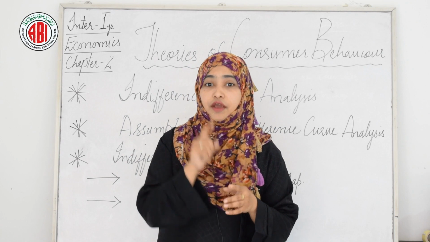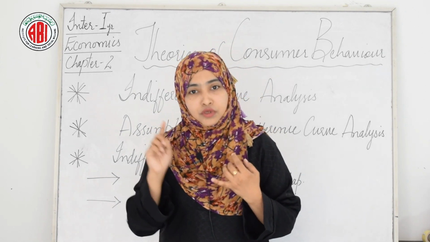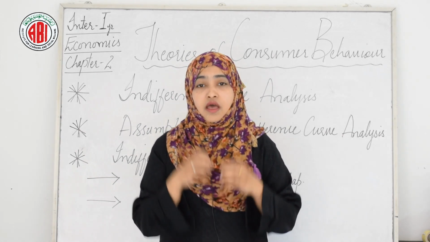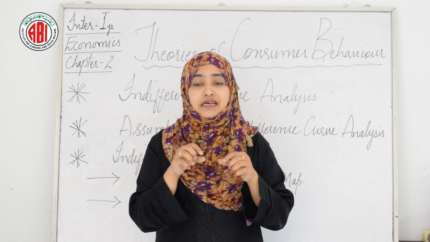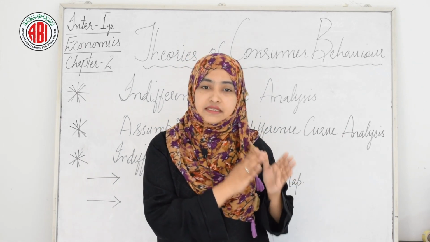Get it? So according to indifference curve analysis, at all the possible points, that is combinations of the two commodities on an indifference curve, the total satisfaction remains the same.